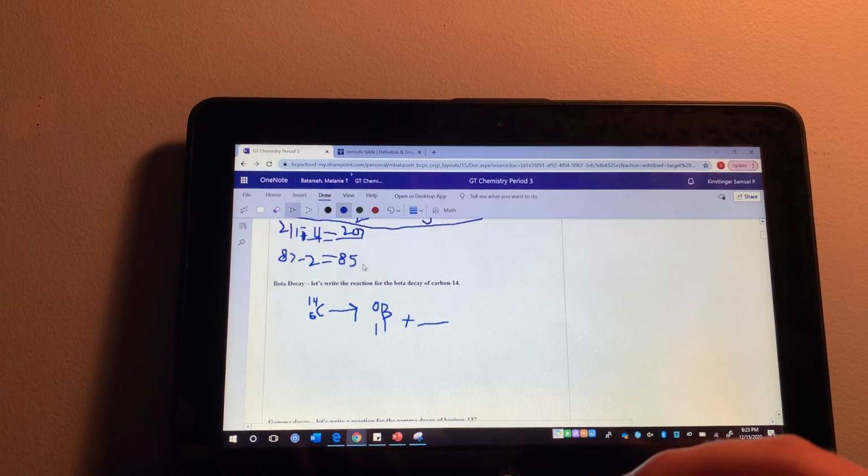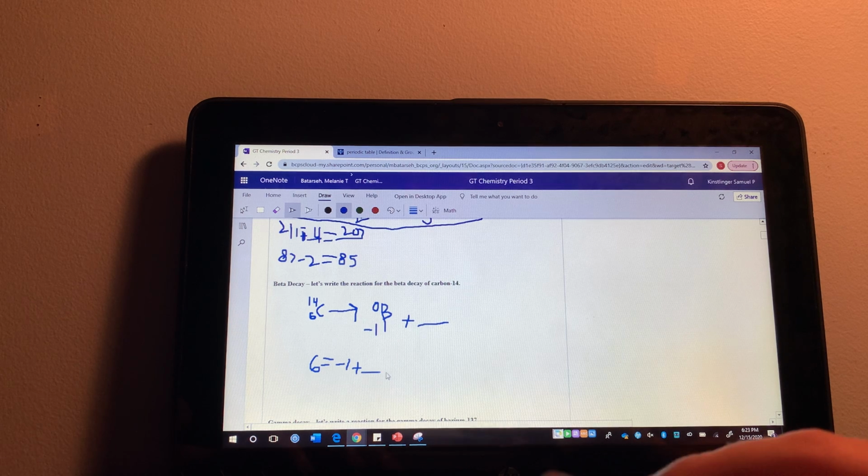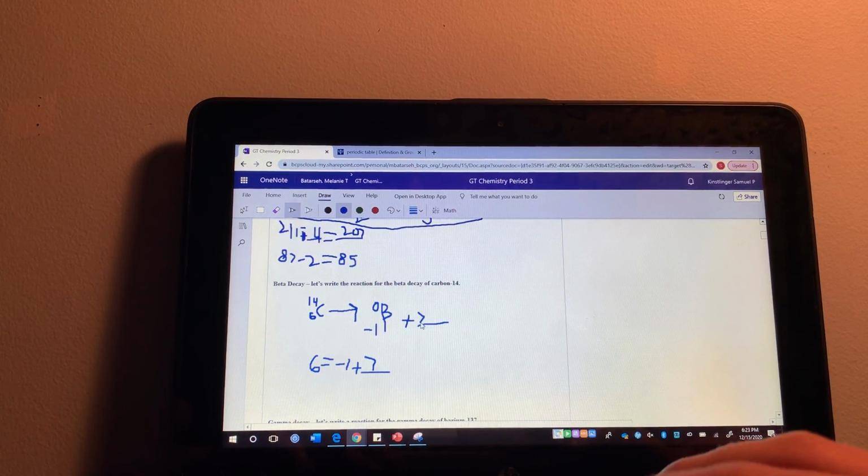I wanted to make sure I got it for you guys. You have -1. So then we have 6 equals -1 plus what? 6 minus -1, the same as 6 plus 1, is 7. So we know we're going to have 7 protons, and then 14 equals 0 plus, well, what is it? 14.